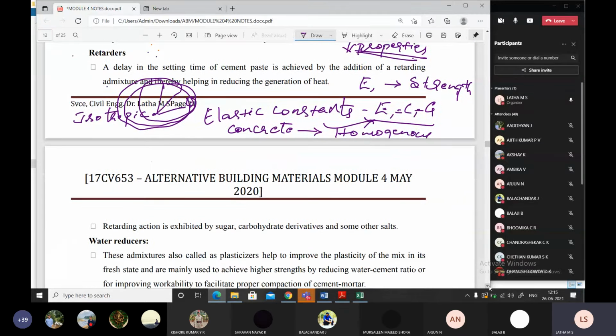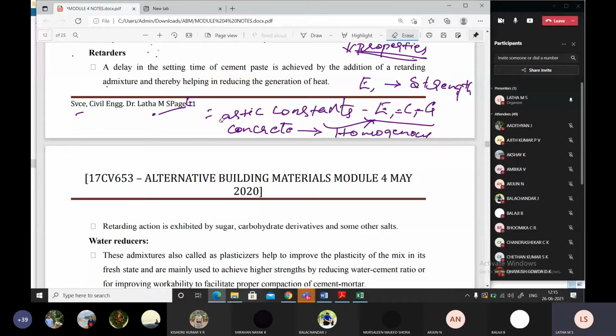Now, coming to the retarders. What will the retarders do generally, students?